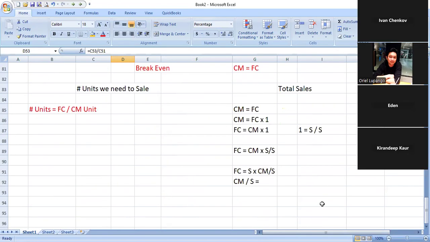So that means in this formula, contribution margin divided by sales is going to give us the contribution margin ratio. So now what I have is fixed cost equal to sales times contribution margin ratio.